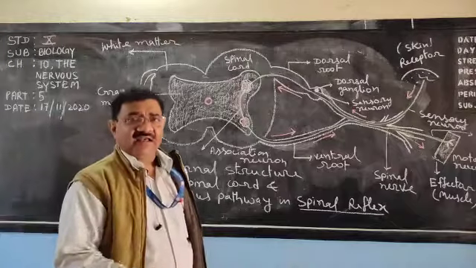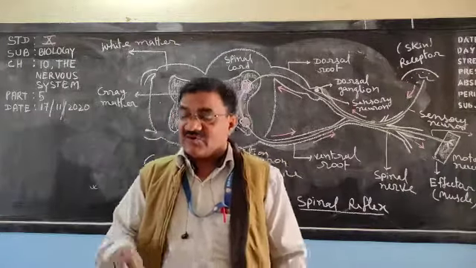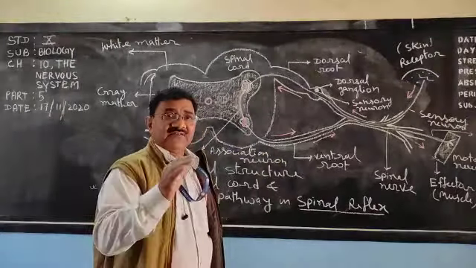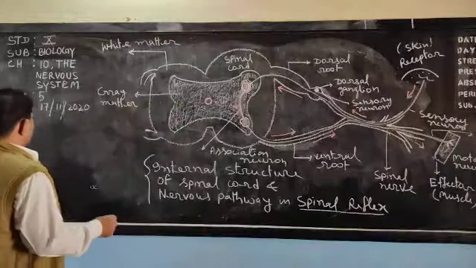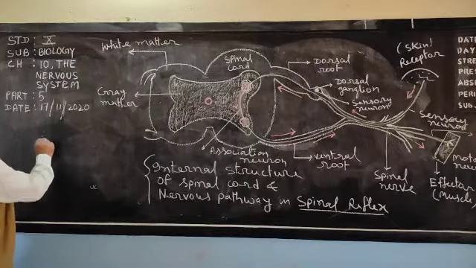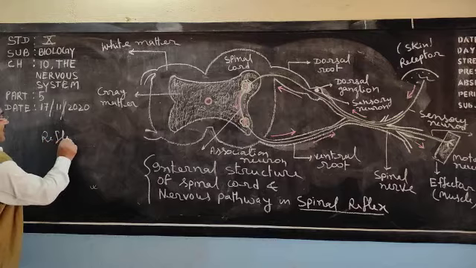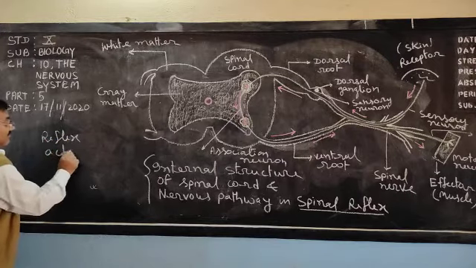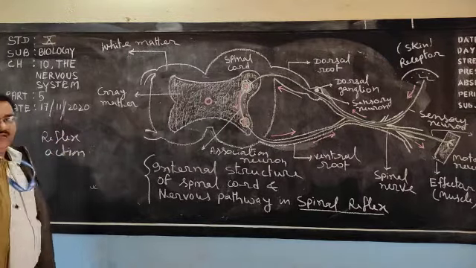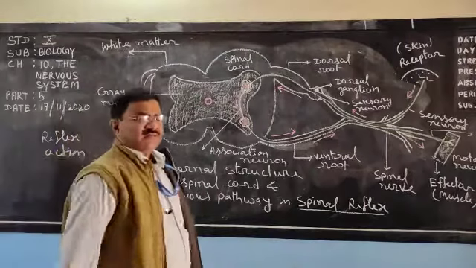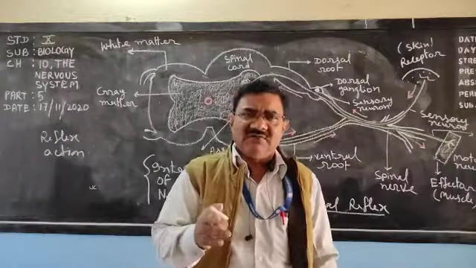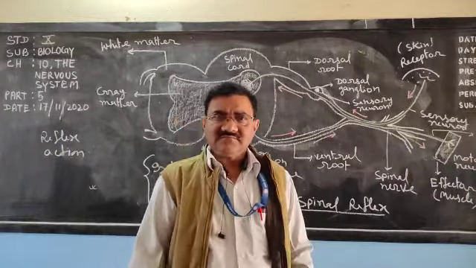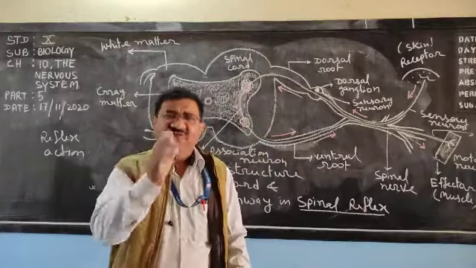Now, one thing I will discuss, then I will come to the topic. What to discuss? The reflex action. Dear children, we have studied about voluntary action and involuntary action.